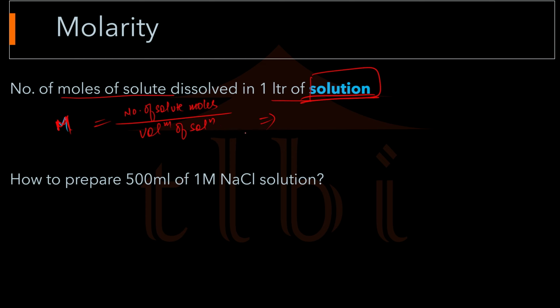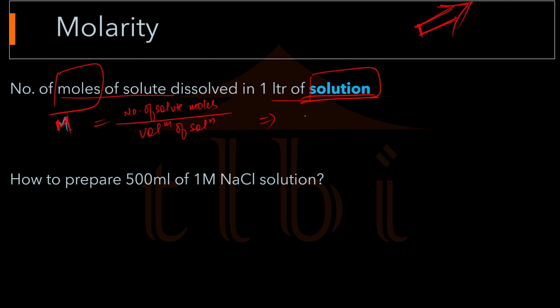And if you are not familiar with moles, you can simply check my previous video where we have talked about mole concept, right? Go and watch that. It will help you understand mole concept.